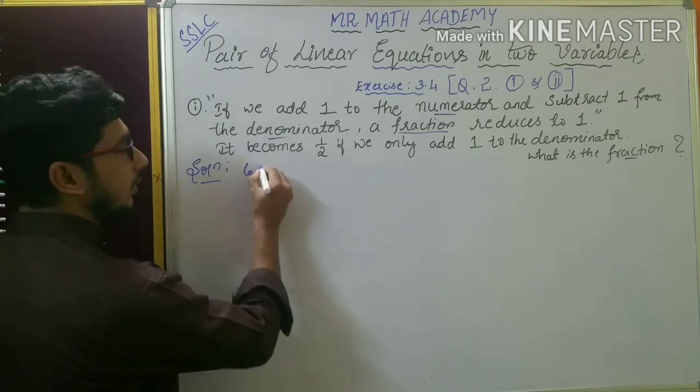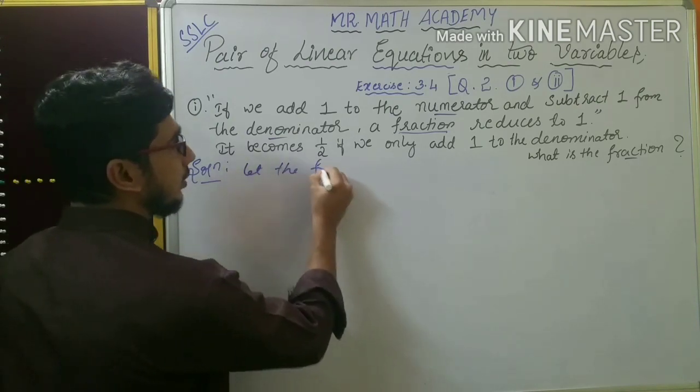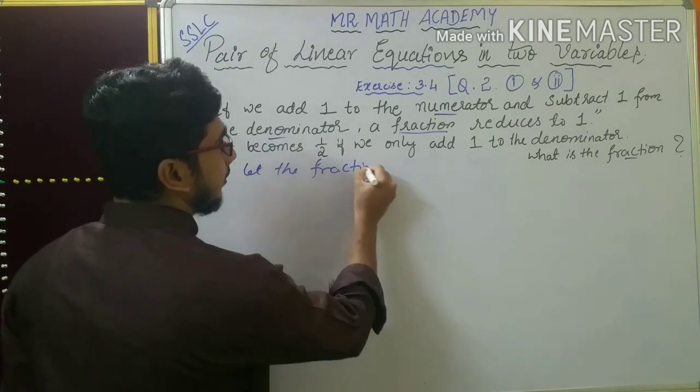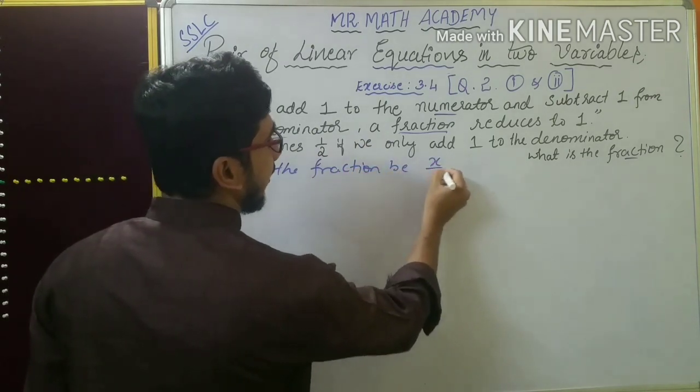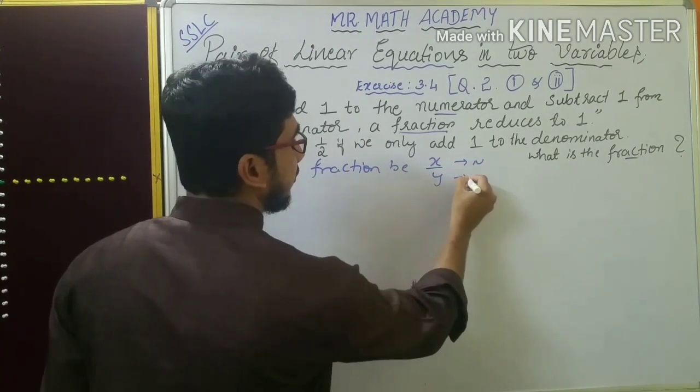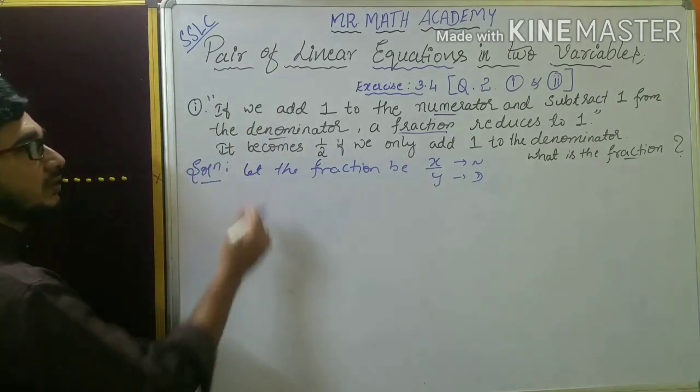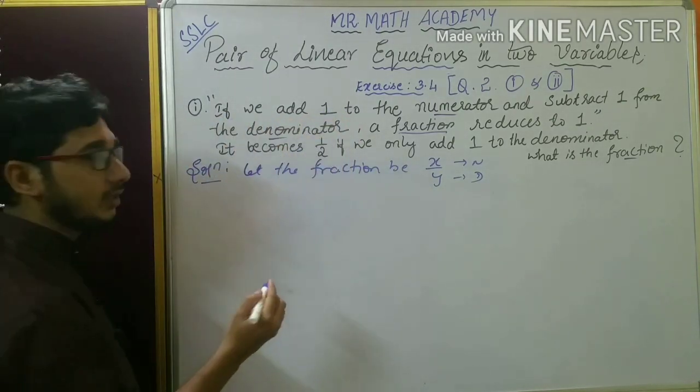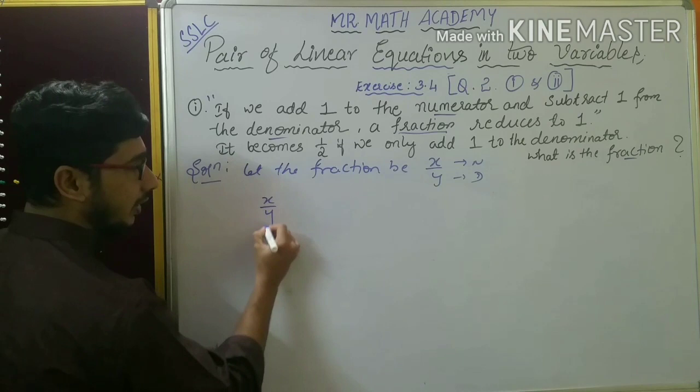So let us write, let the fraction be x by y, where this is the numerator and this is the denominator.